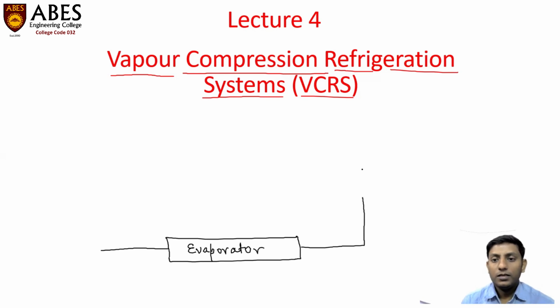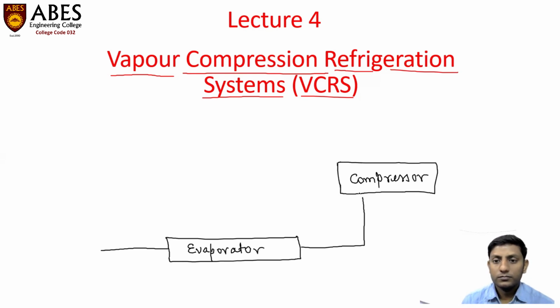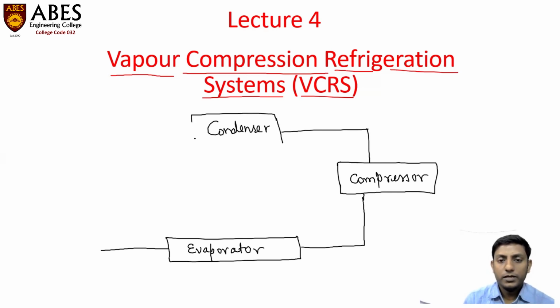Then the same cooling medium is supplied to the compressor. The next important device is the condenser, and finally an expansion device.